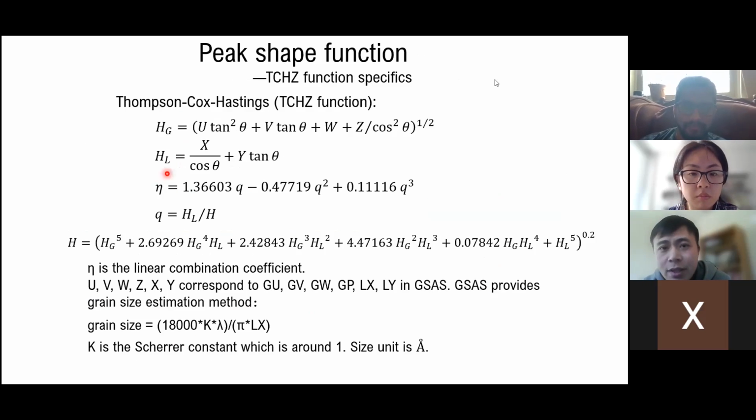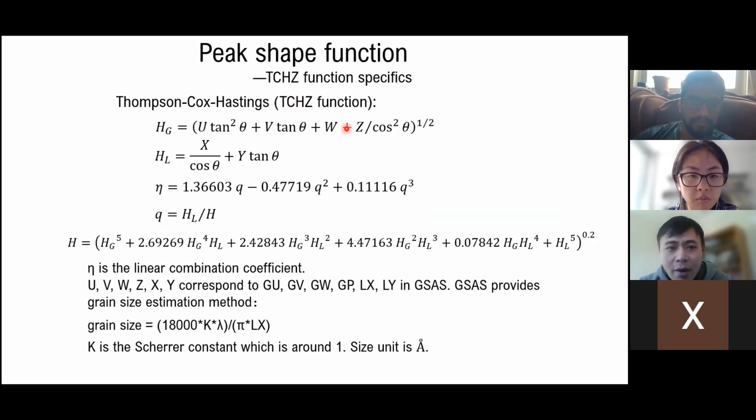So this TCHZ function is, I would say, a new starting point compared with Caglioti, right? It has its origin in Caglioti, but it has much more improvement. So let's say, well, what's improved?